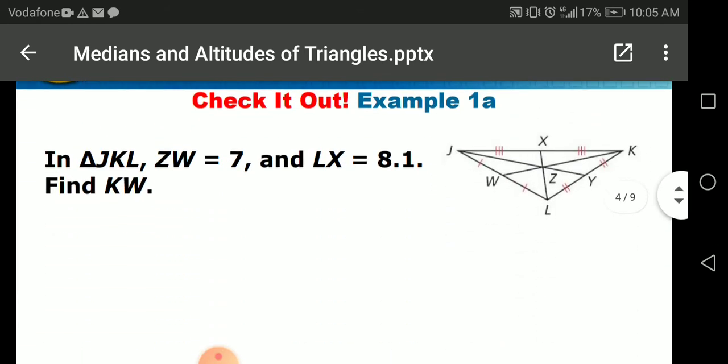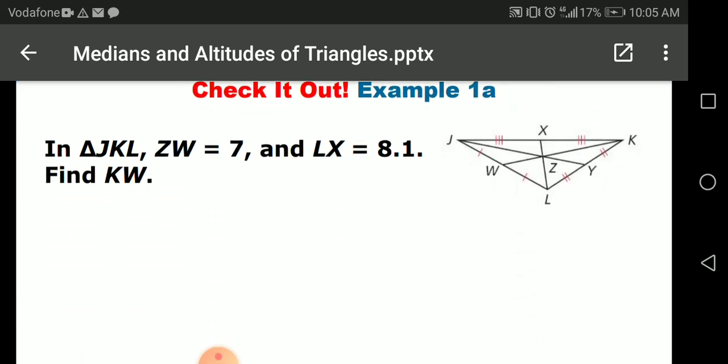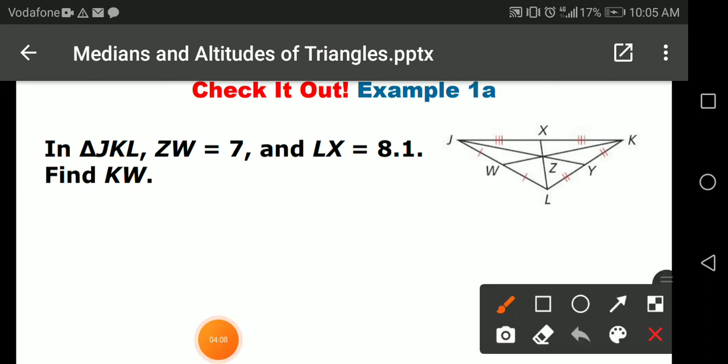Let's see the examples, and it's very easy. I have triangle JKL, please read the triangle right, the whole triangle. ZW is 7.